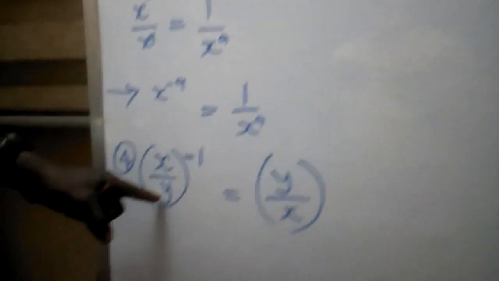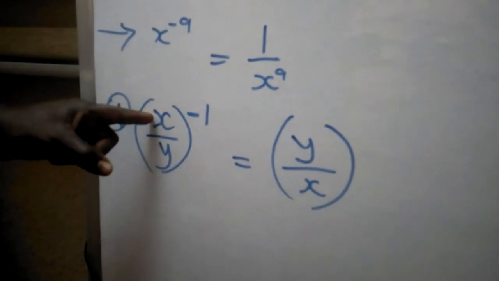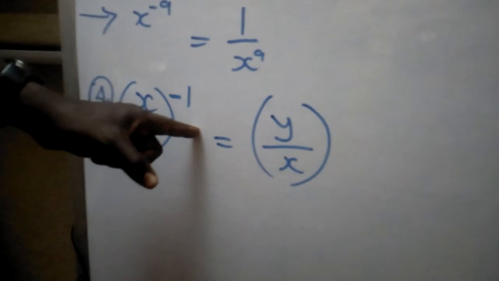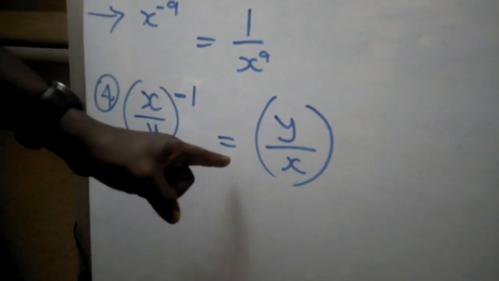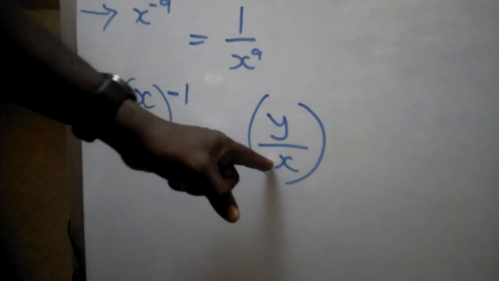This is just a reverse. This was x all over y to the power of minus 1, but what you resolve to have is y all over x.